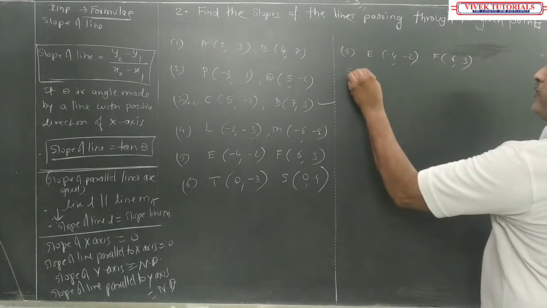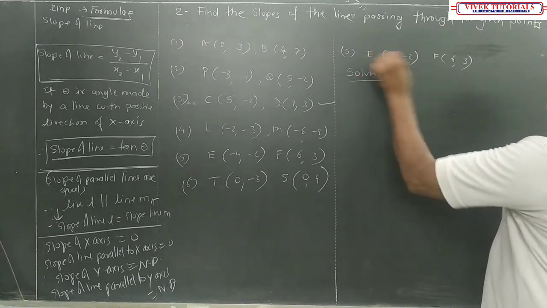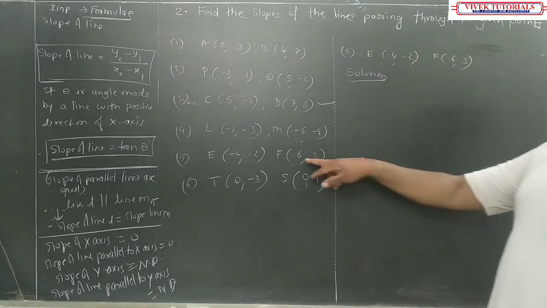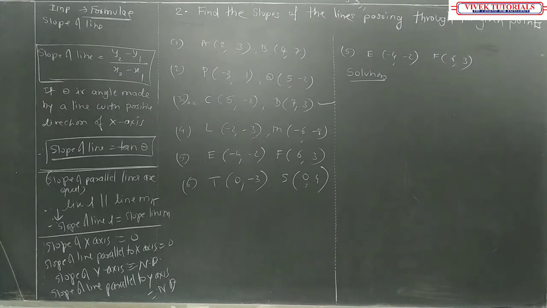Now the solution for the fifth question. In the fifth question, E is (-4, -2) and F is (6, 3).